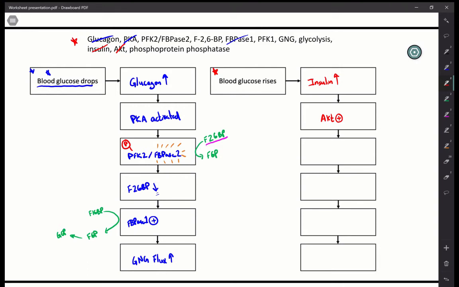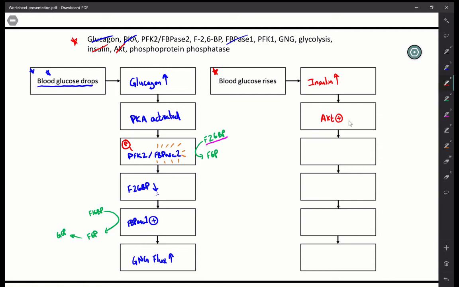Now AKT is kind of the equivalent of PKA. PKA goes out and has vast effects. AKT will go out and have vast effects. And AKT is actually more complicated in terms of what it can and does do in the cell. But one of the things that we know it will do is activate phosphoprotein phosphatase.